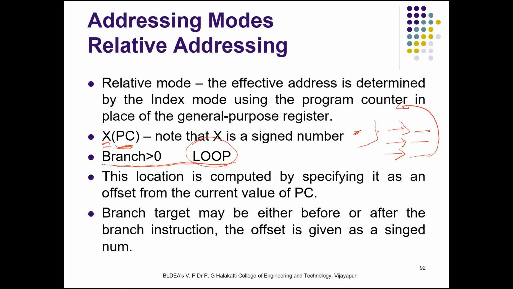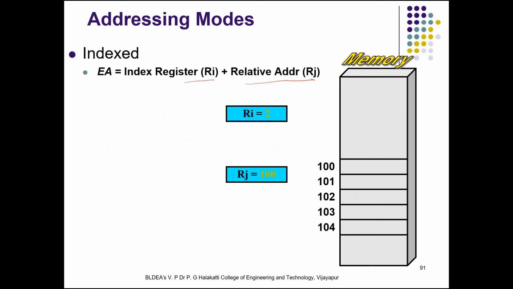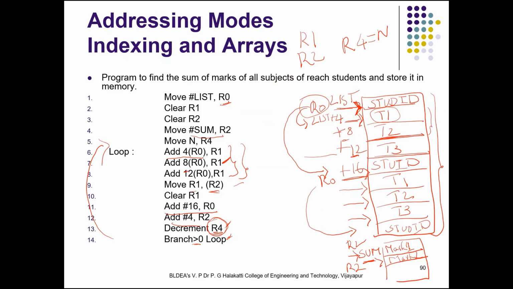Say for example, here in the previous example, branch greater than 0 is there.